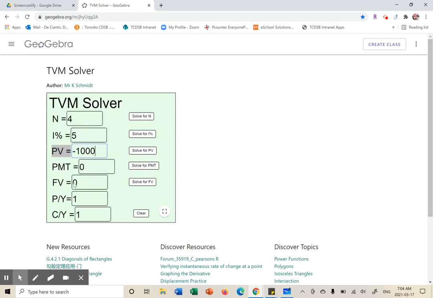FV we're trying to solve for, so we'll skip. PY is 1, which is already set there. And then CY is 2. And go over here and push solve for FV. This is the amount of money that will be in Jamil's account after 2 years.